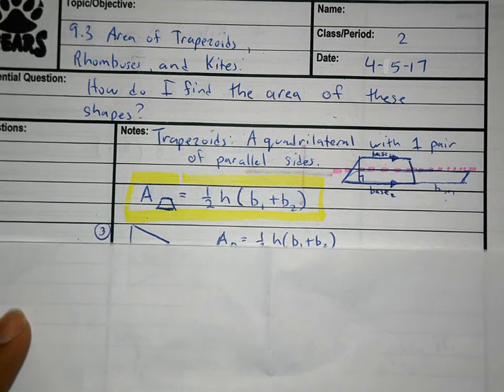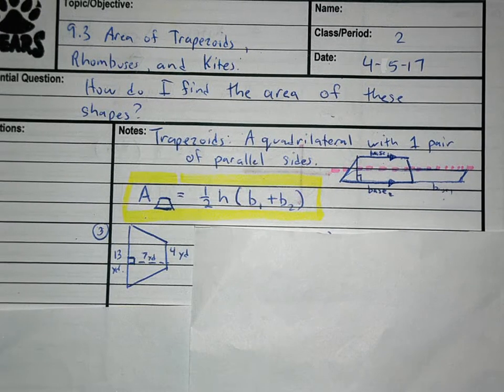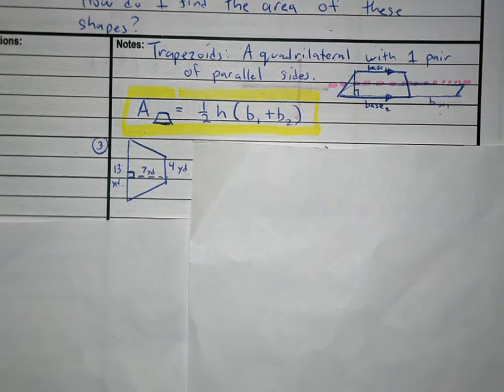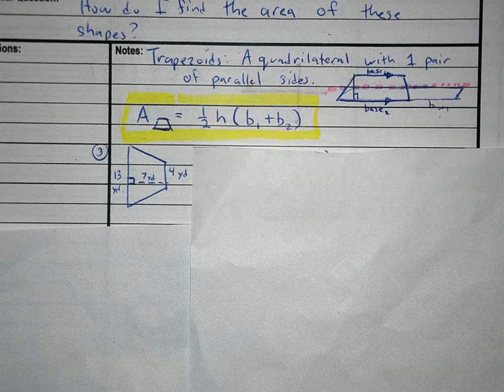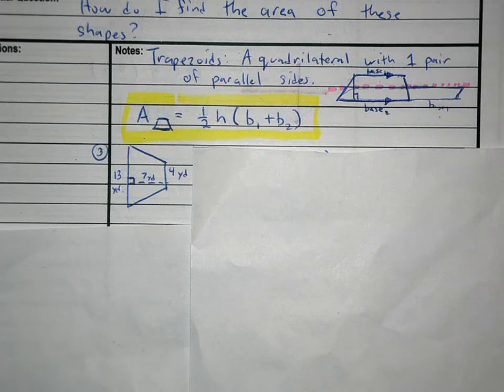So what we're going to do is a problem that looks like number 3. On number 3, we have a trapezoid, and they have it slightly turned on its side. We have 13 yards, 7 yards, and 4 yards.